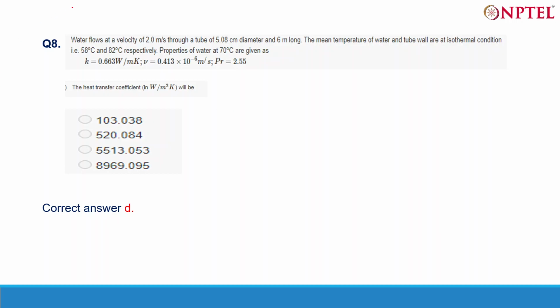I will give you 5 to 7 minutes to solve this question. Otherwise, I will solve it. Don't panic. The concepts have already been discussed. Please apply those concepts and solve this question.